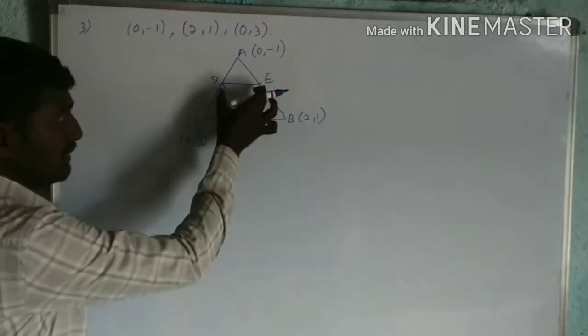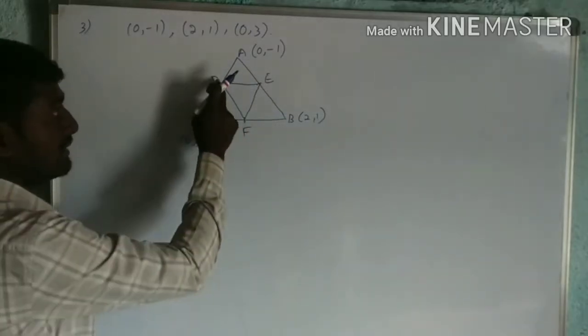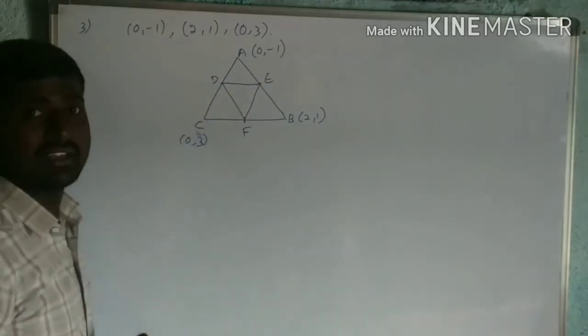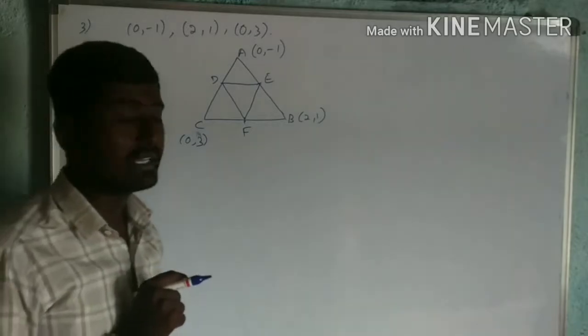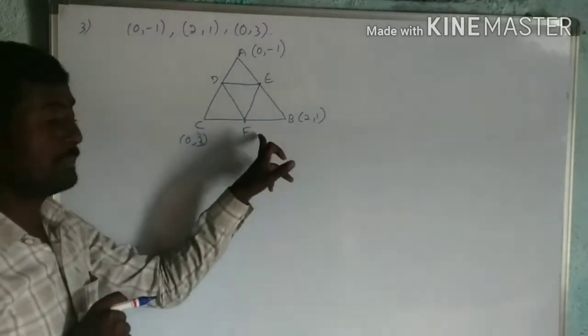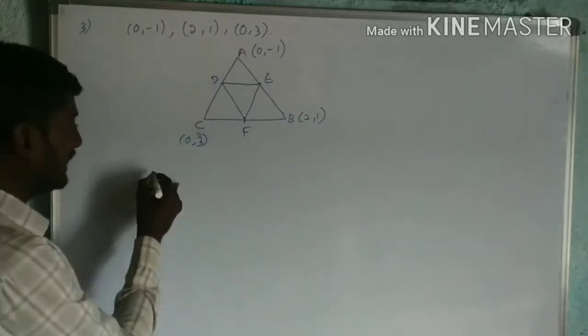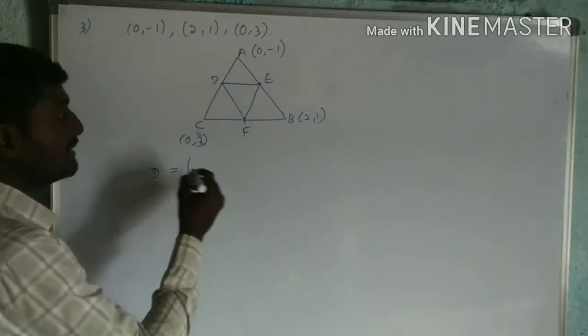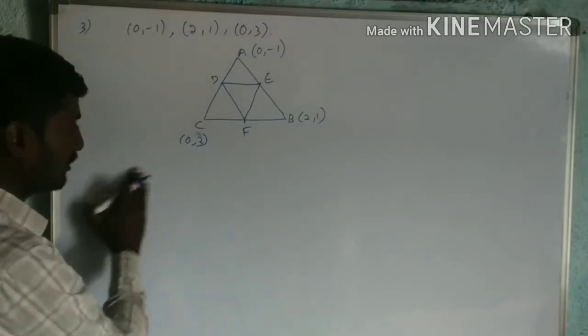Now, to find the area of triangle DEF, first we have to find the vertices D, E, F. How can we find them? Already they said in the statement, these D, E, F are the midpoints of the sides of the triangle. So let us write one conclusion first.